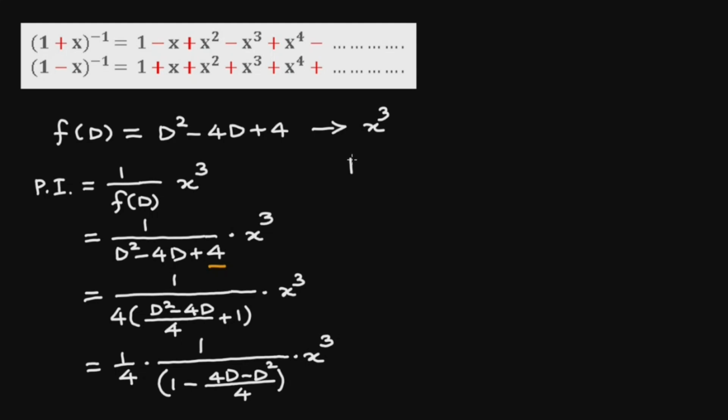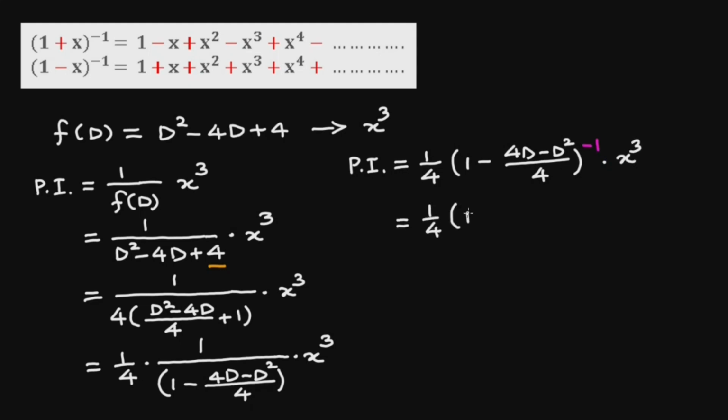So the particular integral is 1/4 into [1 − (4D − D²)/4]⁻¹ operating on x³.